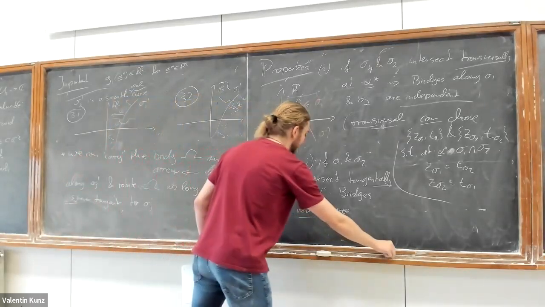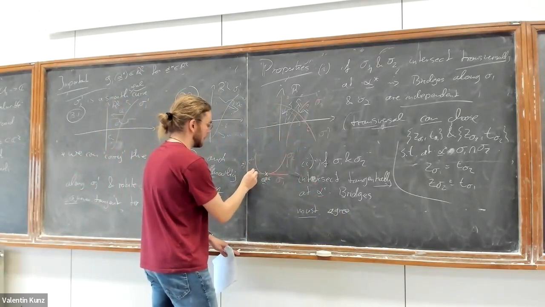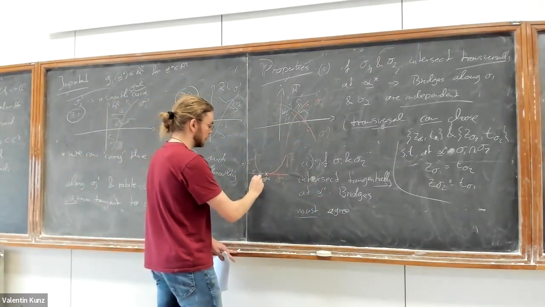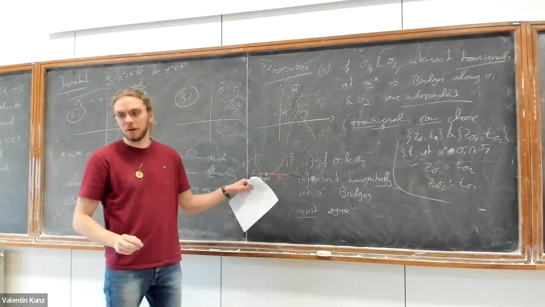So what this says is that if the arrow points in this direction on sigma 2 dash, then it must point in this direction too.